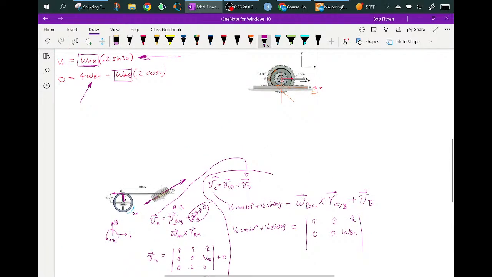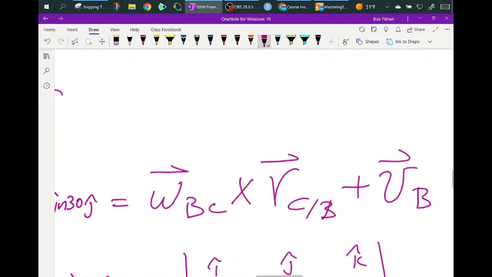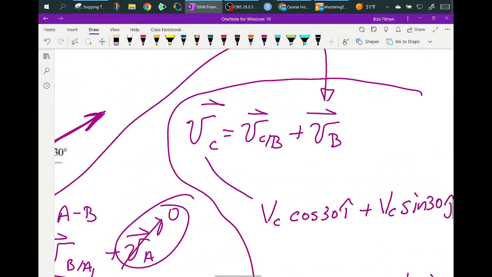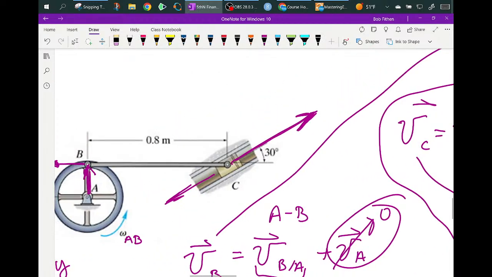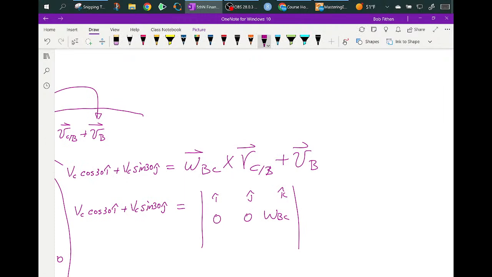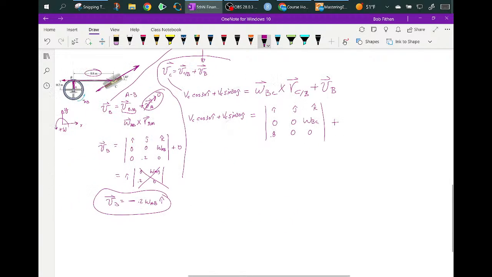Now a vector that starts at B, ends at C, is nothing more than 0.8 I. 0.8, 0, and 0.